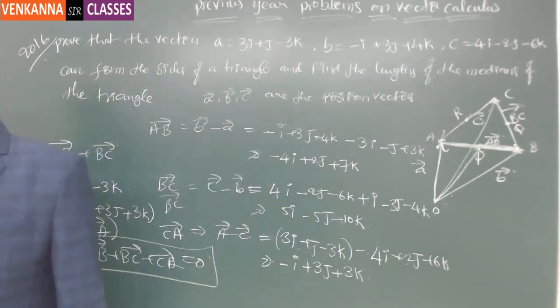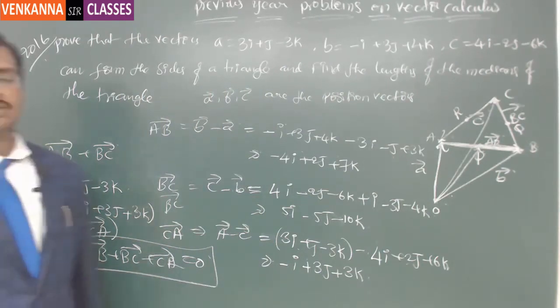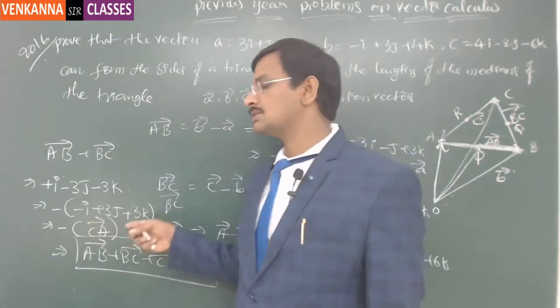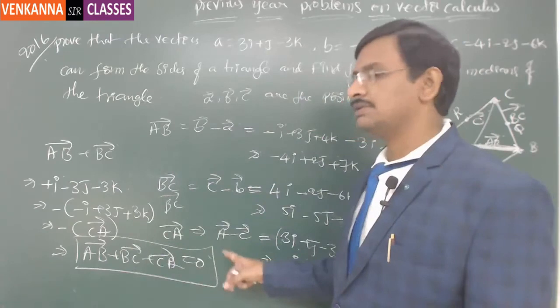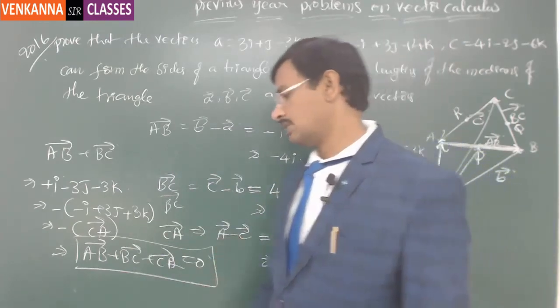I am going to erase it. Right? So can they be collinear? No, this can't be collinear. Why? Because as long as the triangular law of vector addition is getting satisfied, obviously this can't be collinear.